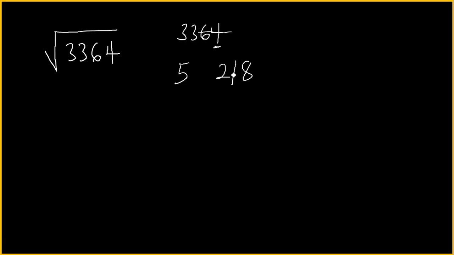So since we have 2 numbers here, it's either 52 or 58, which is giving us the square root of 3364. Which of the 2 numbers is giving us the square root of this?